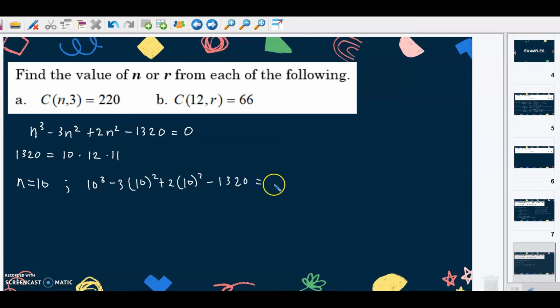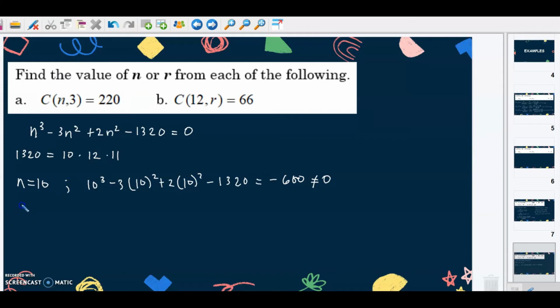And this is equal to negative 600, which is not equal to 0. So meaning n is not equal to 10, or 10 is not the value that we are looking for.